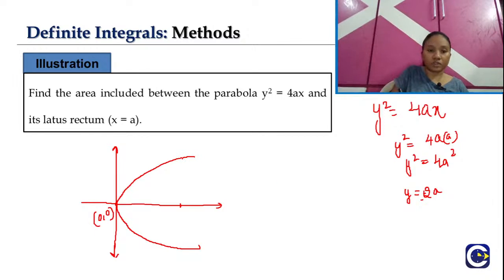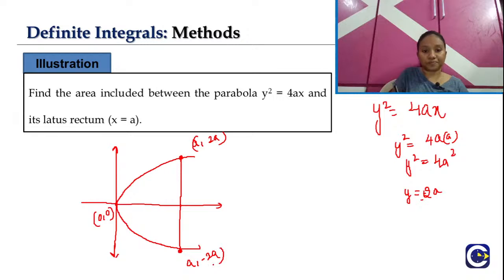So one point will be somewhere here where the coordinates will be a comma 2a, and the other will be in the other quadrant, that is a comma minus 2a. Right, so now we have to find the area included between this parabola and the latus rectum, this entire area.